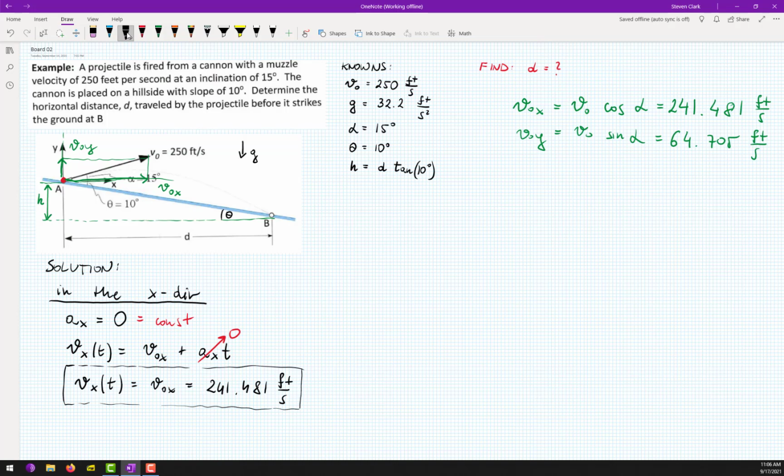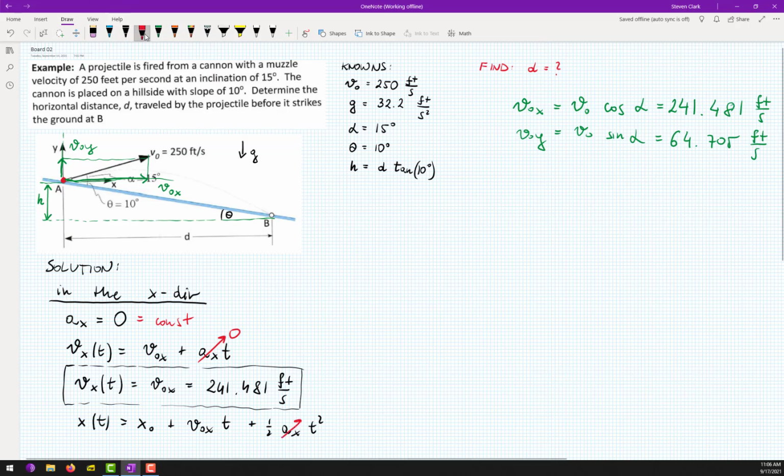But let's also find position. For the expression for position, I'm going to say it one more time: only and only if acceleration is constant. If acceleration is not constant, you must integrate. But if it is, we know it by heart, or it's on the cheat sheet. It's x0 plus v0x t plus 1/2 ax t squared.